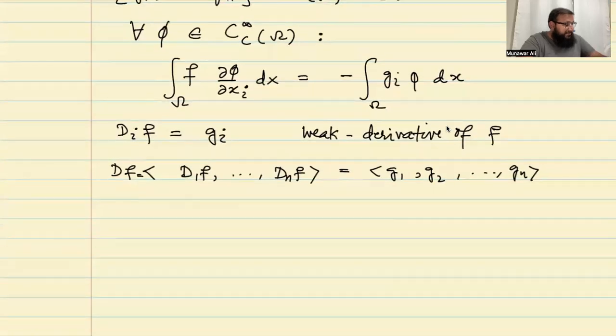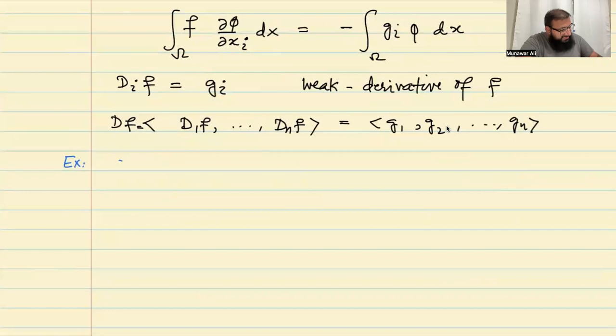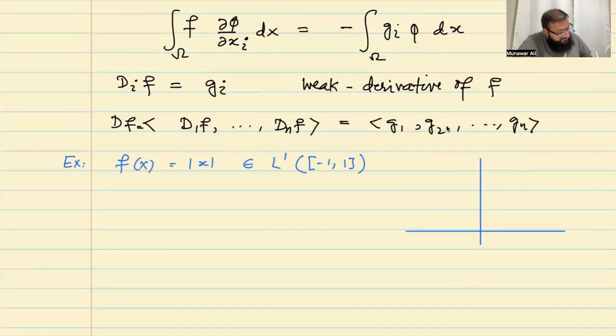Let us come to an example. I am taking a very famous example, the modulus function or absolute value function. This function is in L1 from -1 to 1. What is the shape of this function?